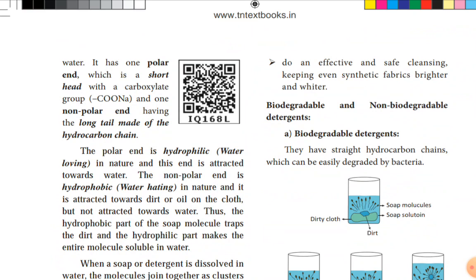Carboxylate group. The symbolic representation is COONa. This is one part. Second part, the non-polar end, which is a long tail made of a hydrocarbon chain.